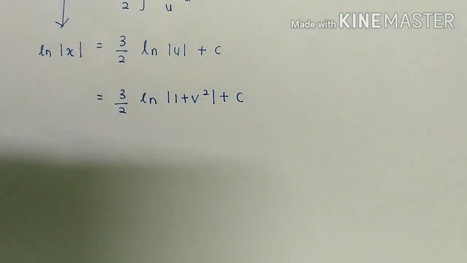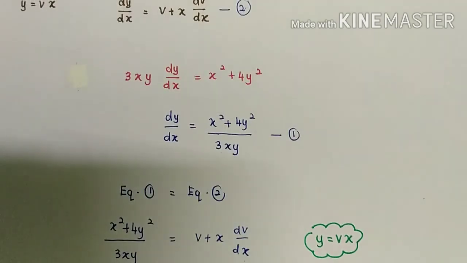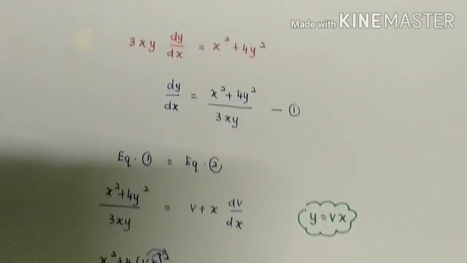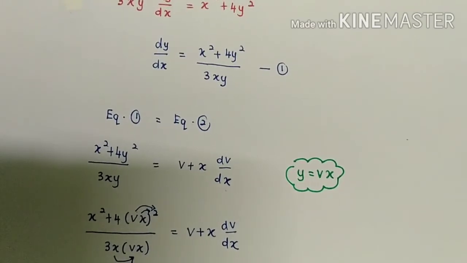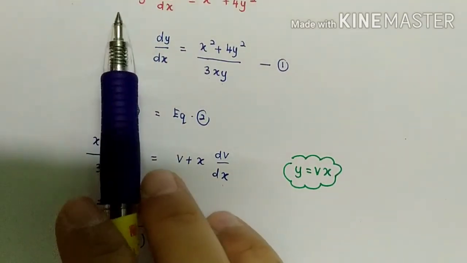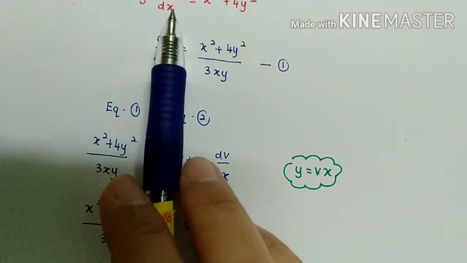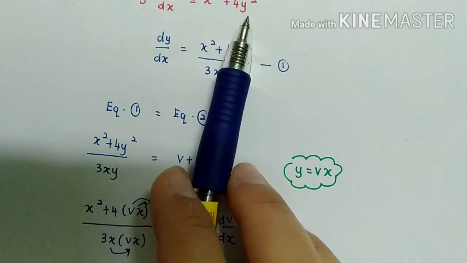And then if you look at the first equation just now, our first equation is in terms of x and y. We have 3xy dy dx equals to x squared plus 4y squared.